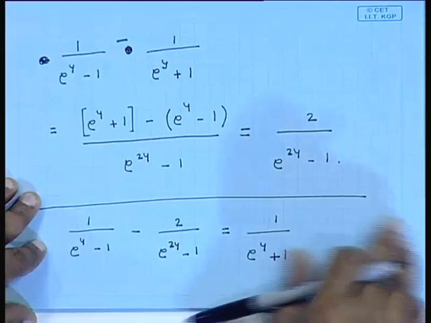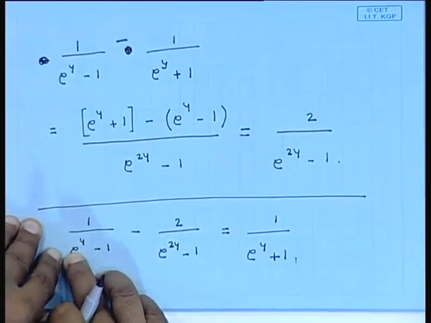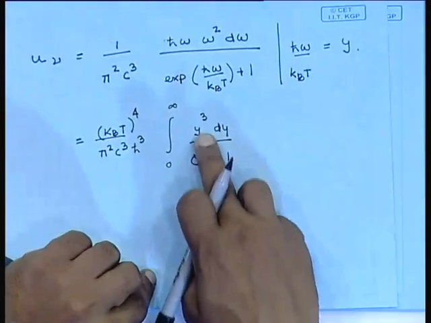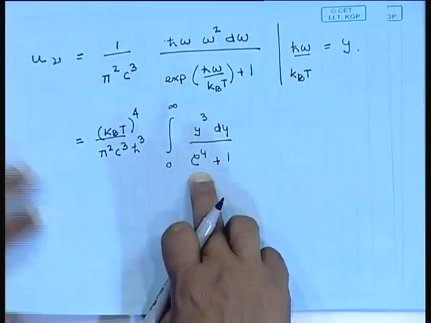Okay, so now what we are going to do is we can multiply this with y cube and then do the integral. So, if we do that, let us just do it.